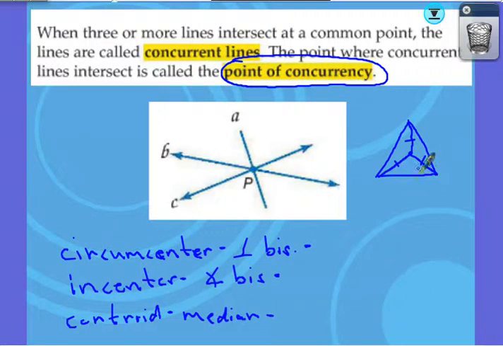Because they would be the radius of the circle, and since those are the same, we can say that a circumcenter is equidistant from the vertices. That's what's special about a circumcenter. It's where the perpendicular bisectors cross, and it is equidistant from the 3 vertices of that triangle.